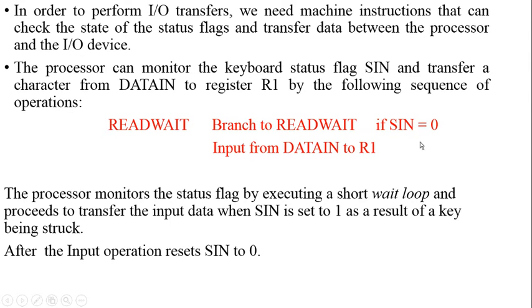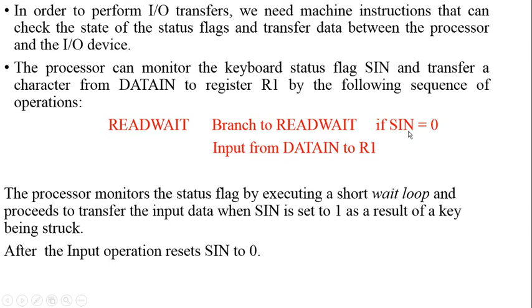Consider this one. If the SIN status flag value is 0, then the processor continues in a waiting state. Whenever this SIN value becomes 1, what is the meaning? Now a new value is available in the data in register associated with the keyboard, so the processor can read that value from the input device, the keyboard.